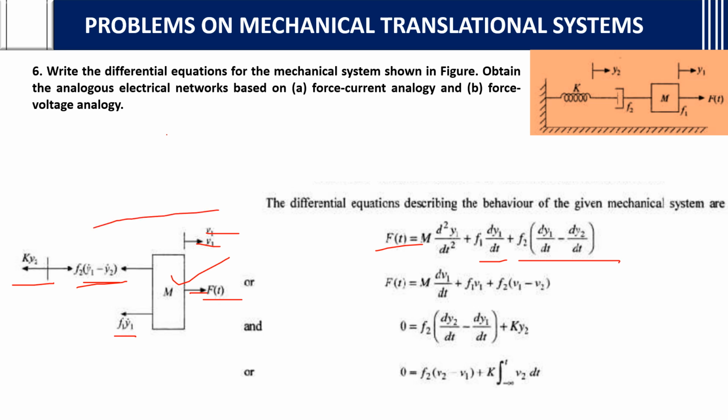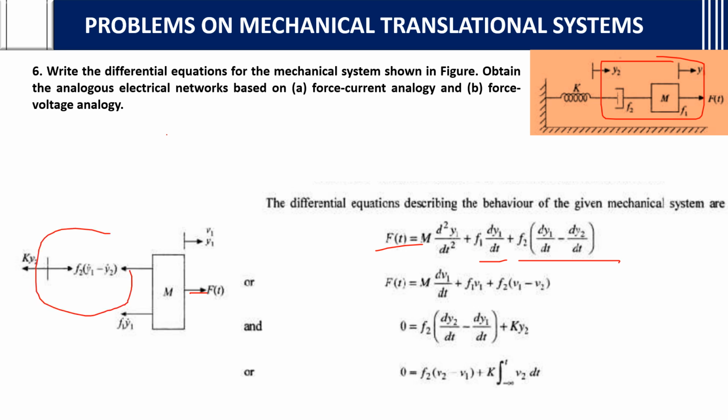First we will write only this much, because this much is connected to this mass element. The other one we will write as a separate equation. As there is no force present for this spring element, we will put a 0.